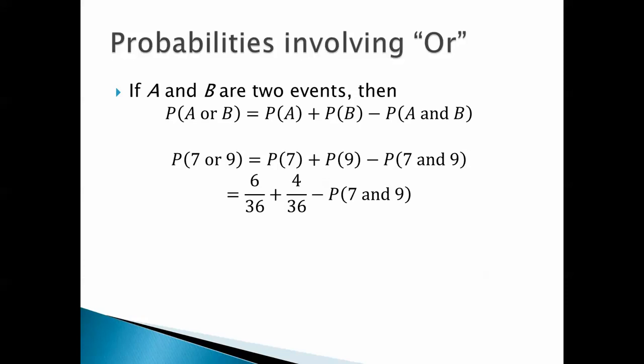And what is the probability that you roll a 7 and a 9? That is 0. When you roll a pair of dice, you can't get the sum to be both 7 and 9. So we end up with 6 out of 36 plus 4 out of 36 minus 0 equals 10 out of 36.